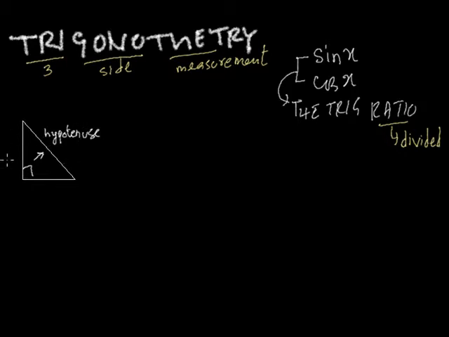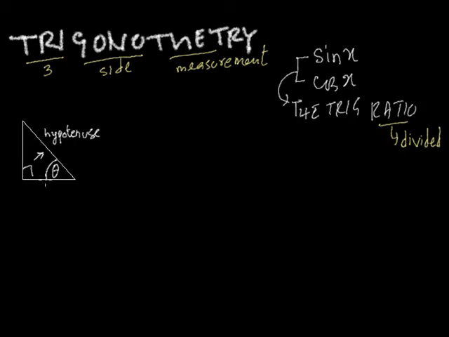Now there are two other sides left, but the names of these two sides depend on a reference to the angle. For example, if I am referring to this angle, let me call this angle theta. Theta is a Greek letter. It refers to an angle, and it's used as a pronoun. Any angle can be called theta.